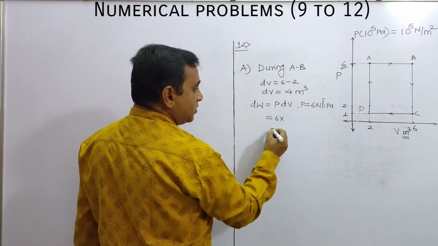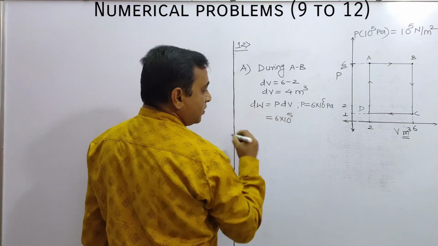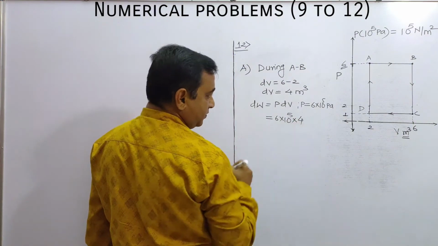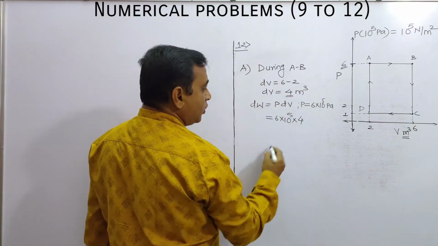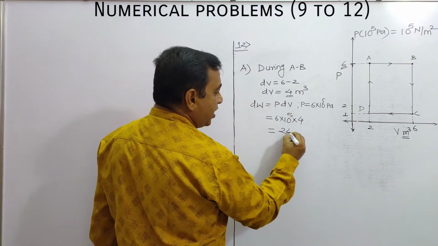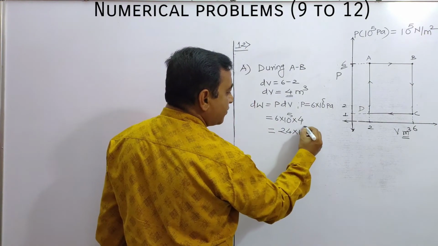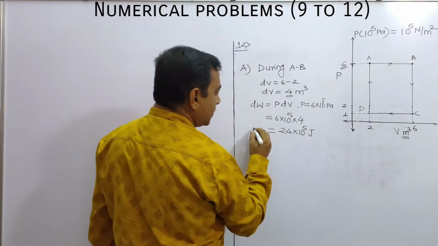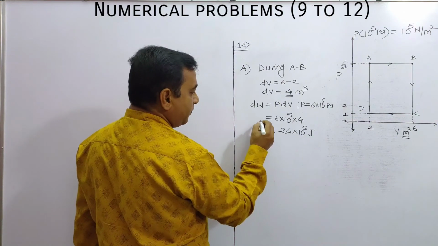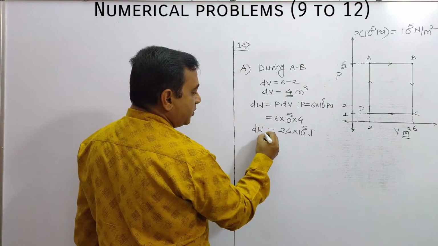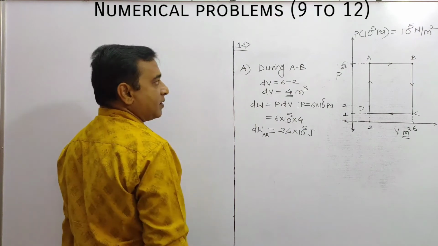So 6 into 10 raised to power 5 into 4, the change in the volume, comes out to be 24 into 10 raised to power 5 joule. This is during the A to B process.